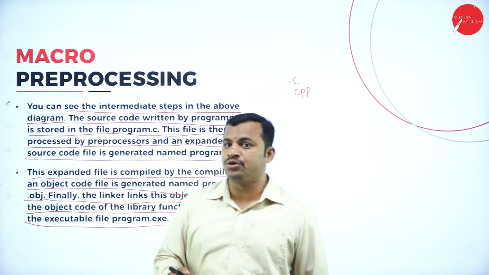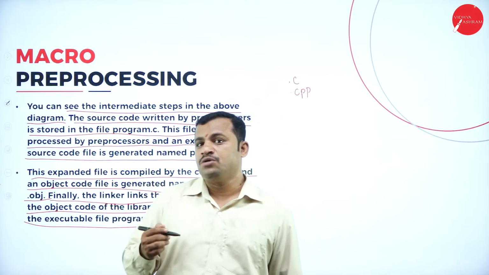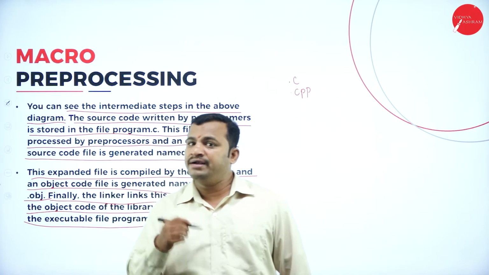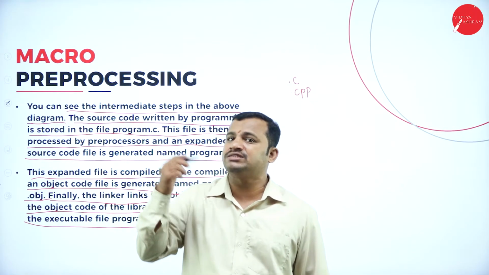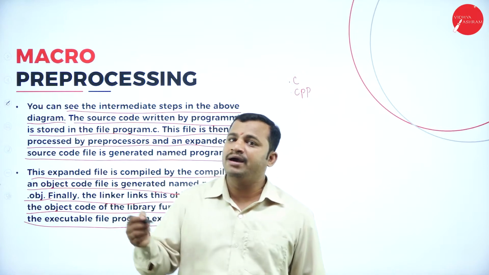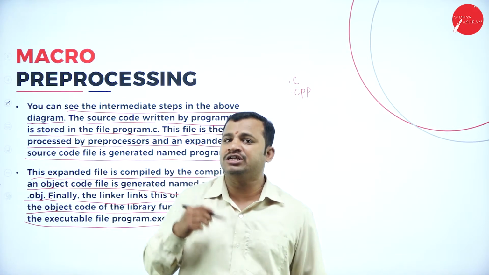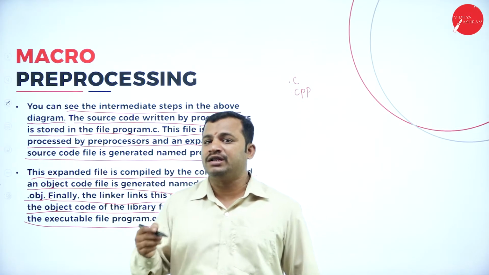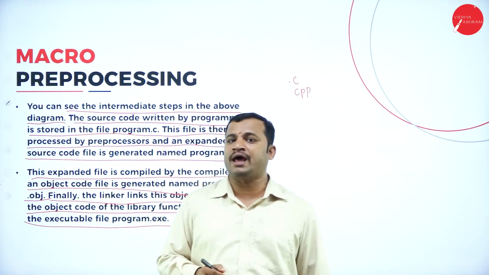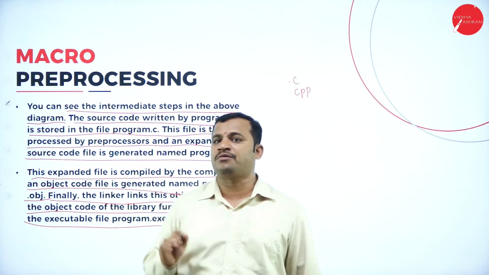As I have already told you in the previous slide, once the expanded form is generated, it is given as input to the compiler. The compiler takes the expanded file as input and generates an object program, that is, the intermediate file of a program which is not in readable format.